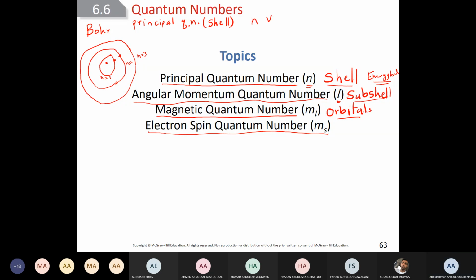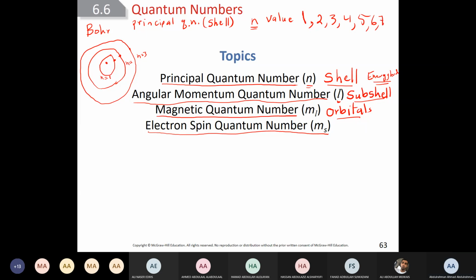What's the value that Bohr gave for n? Any integer. Starts from what? 1, 2, 3, 4, 5, 6, 7.